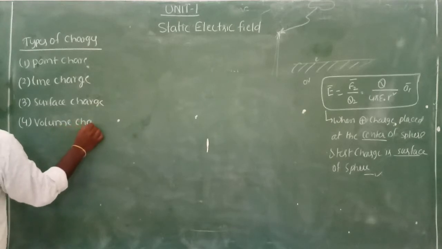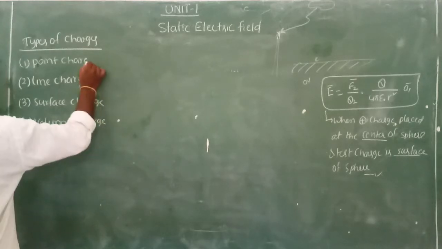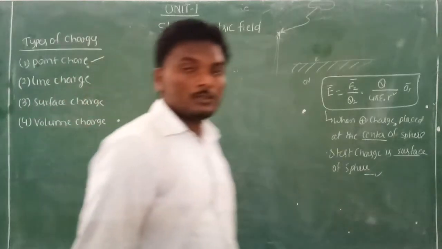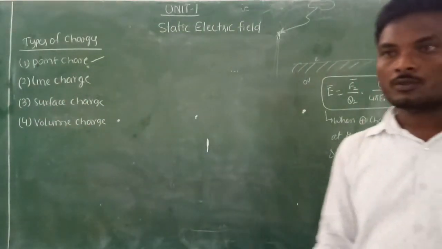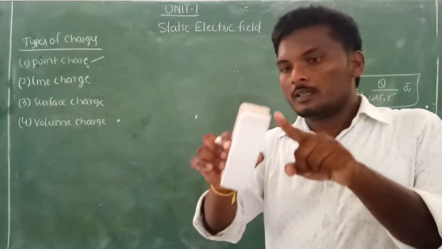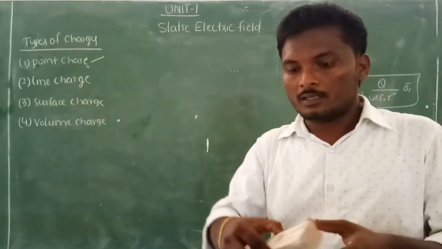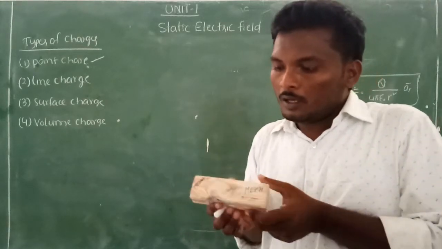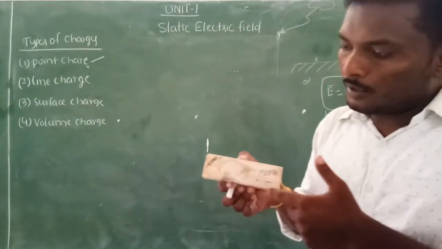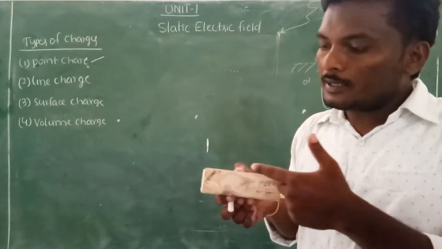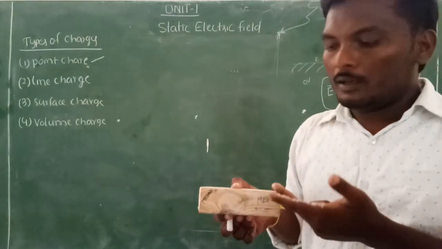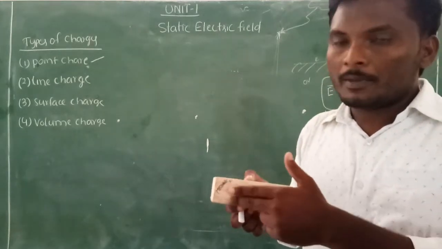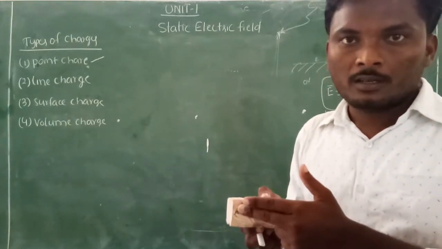Okay, volume charge. Now see, how can we define this point charge? Point charge will be like this. Suppose you consider a surface like this. Can you tell me, is it measurable or not? This is measurable, and it is dimensional. We can say this surface is, see, only up to the front side, and it is measurable, it has dimensions.